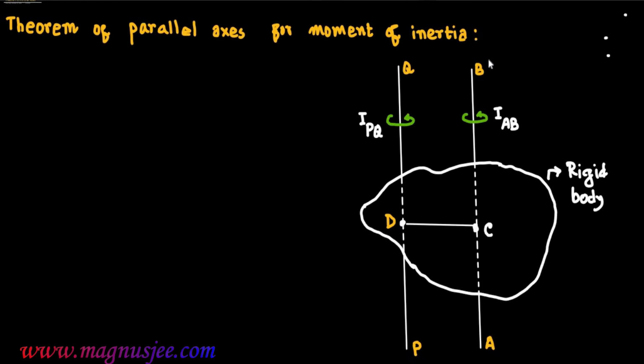And this is a perpendicular distance. Here R is the perpendicular distance between the two parallel axes.